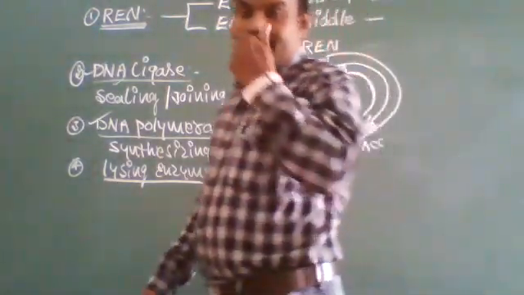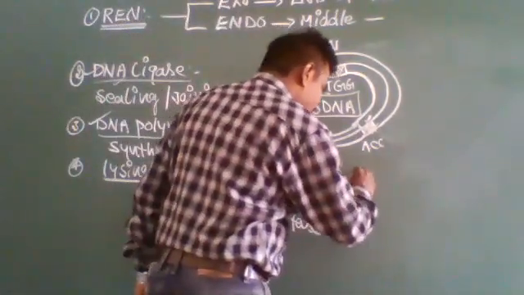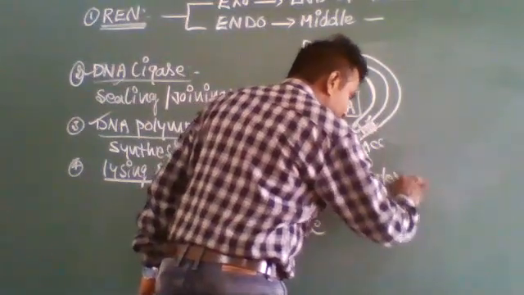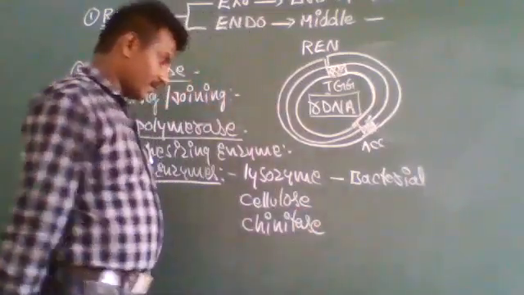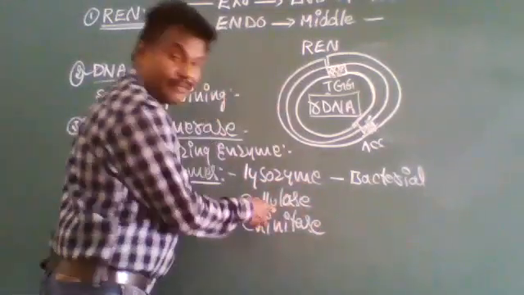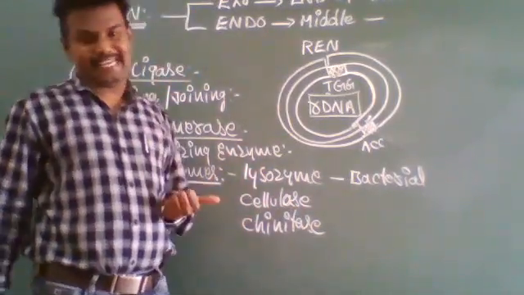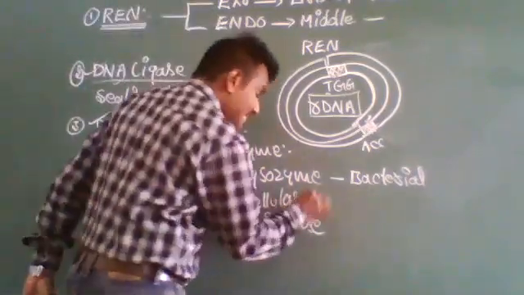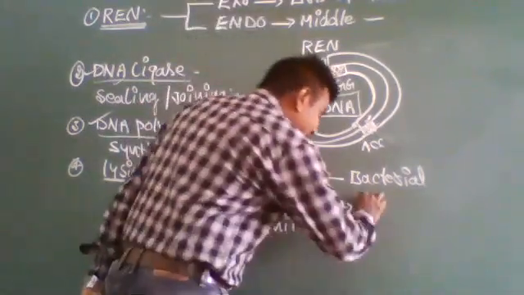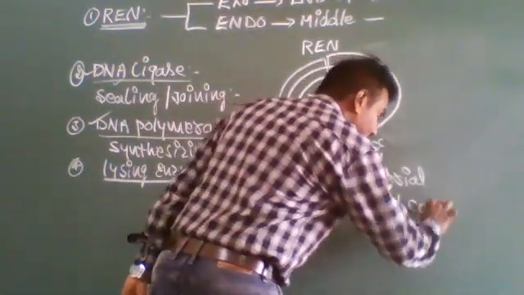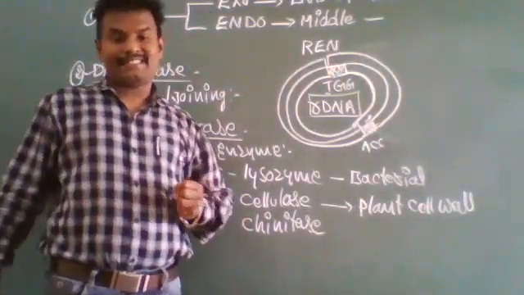Lysozyme is used to break the bacterial cell to get the DNA. Cellulase, I wrote cellulose by mistake, it is the cellulase enzyme. Cellulase can break the plant cell wall and we can get DNA.